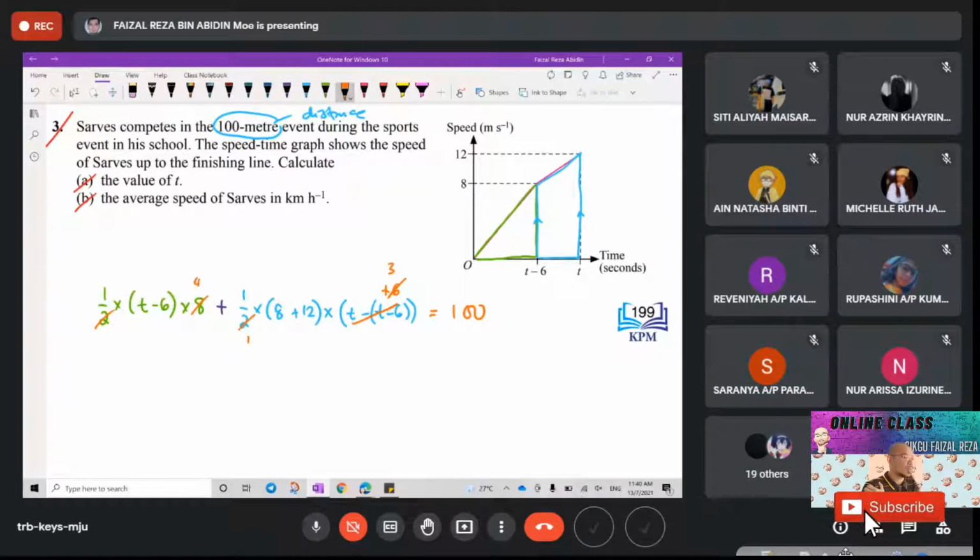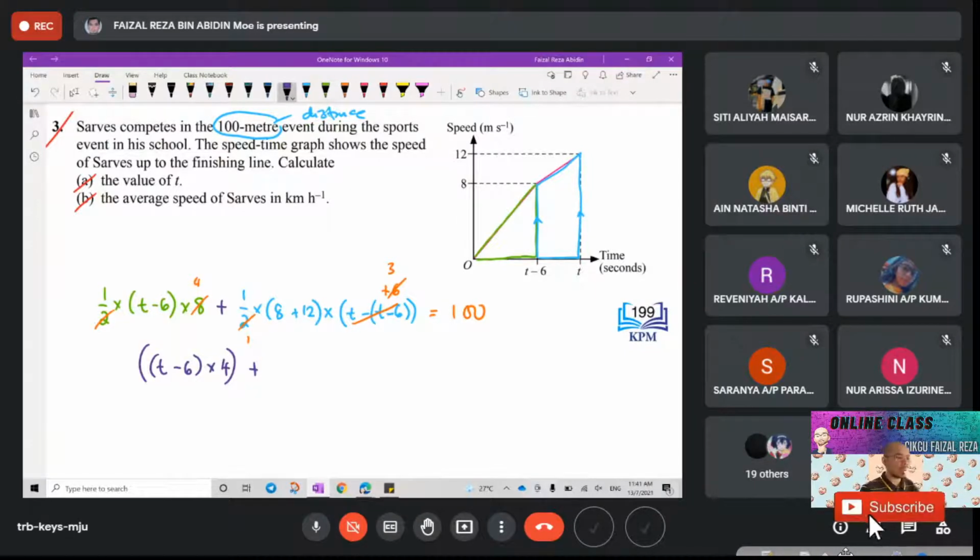Anything else to simplify? None. So what I have left is (t minus 6) times 4, plus 8 plus 12, which is 20, times 3, which gives 60.